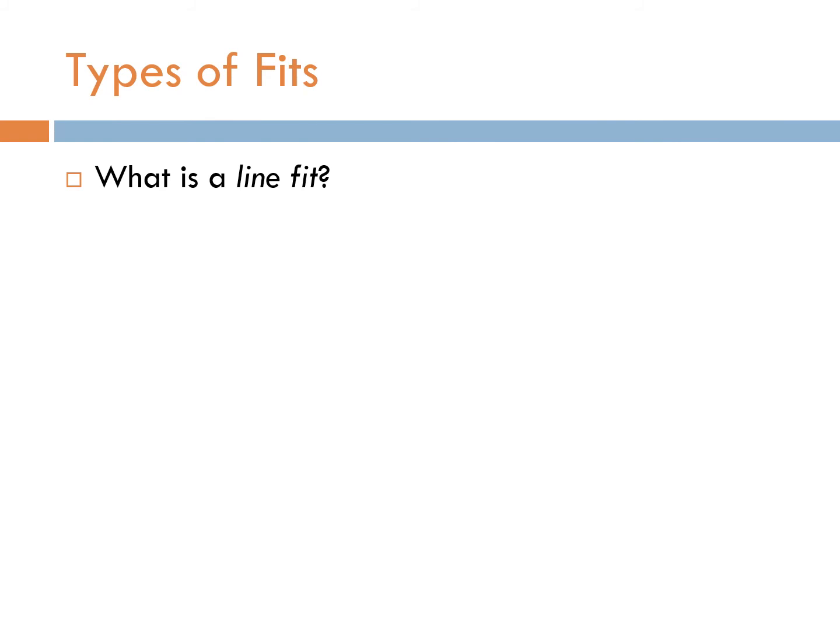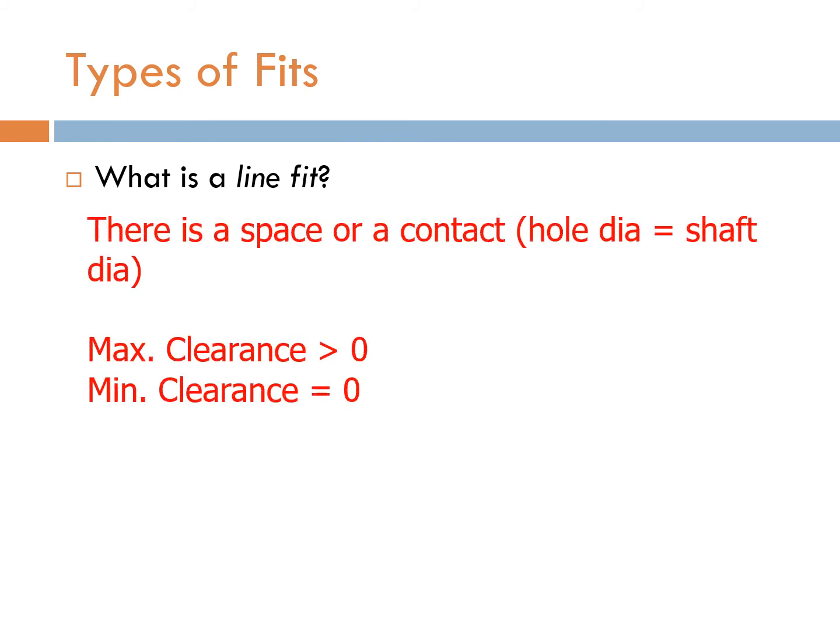And the last one is what we call the line fit. When you have a line fit, there is a space or there could be a contact. When you have a contact, the size of the hole and the size of the shaft are going to be equal. So this is opposite to the interference. When we have an interference, it is going to be less than or equal to 0.